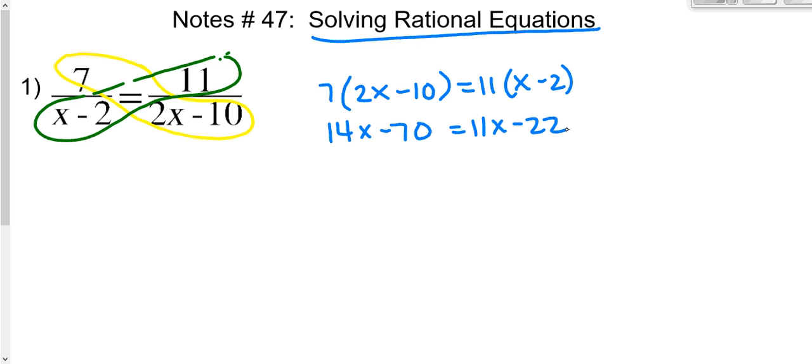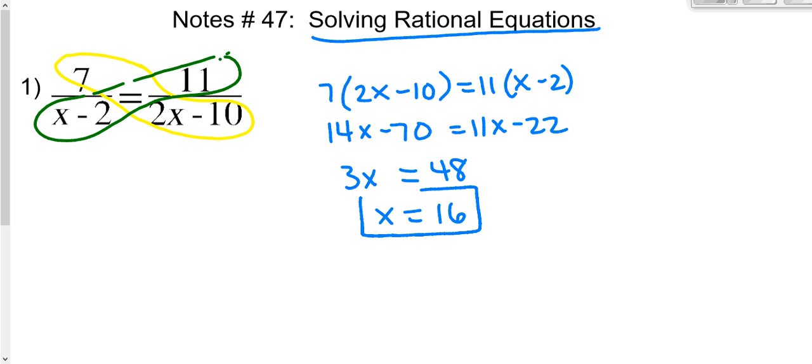Let's gather our x terms onto one side. We get 3x. Let's gather our non-x terms over to the other side, add 70, and we get 48. Divide both sides by 3, and we get x equals 16. Is 16 extraneous? Does it make either one of our denominators 0? It does not, so it is a totally acceptable answer.